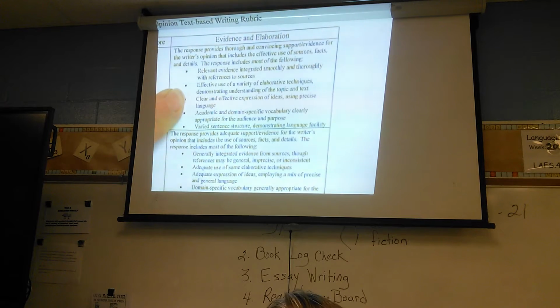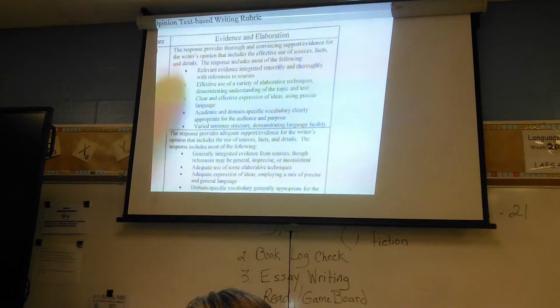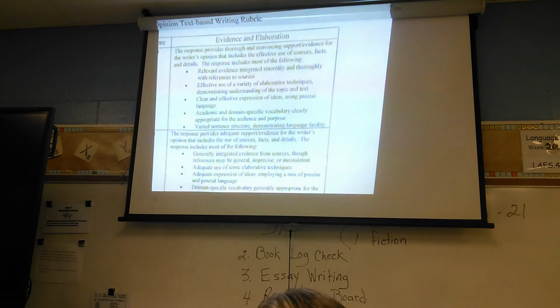Now, when we elaborate on opinion essays, we elaborate by saying something more. When we elaborate on an explanatory informational essay, we're providing details. So if you don't tell me what the Stamp Act was, if you don't tell me the reaction of the American colonists to the Stamp Act, you're not elaborating on the fact that the Stamp Act was one of the ways that they felt that they were being unfairly treated.